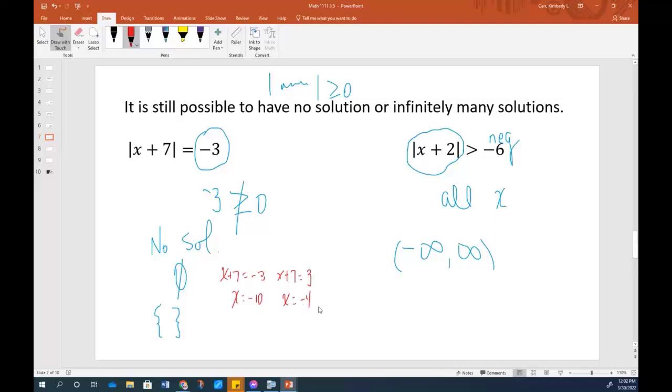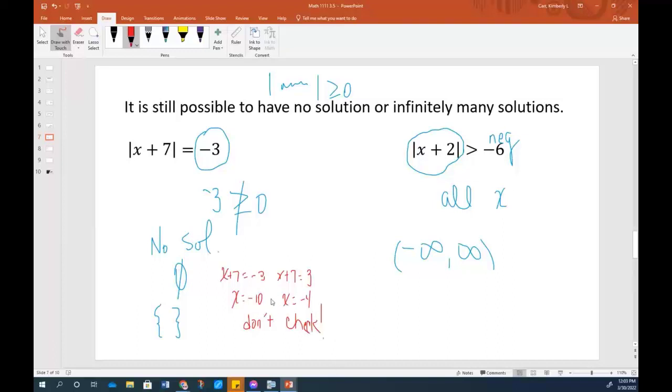So it looks like we have two answers, but they don't check. -10 plus 7 is -3, but then the absolute value of that is not -3. So if you're not going to pay close attention at the beginning, you do need to check your results.